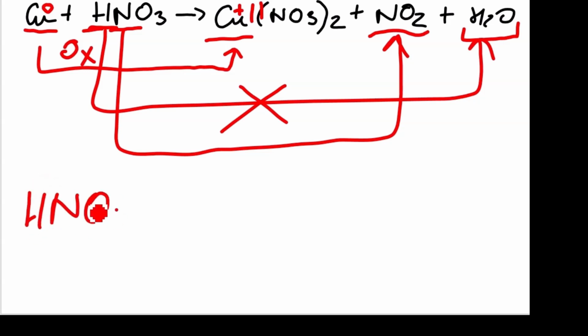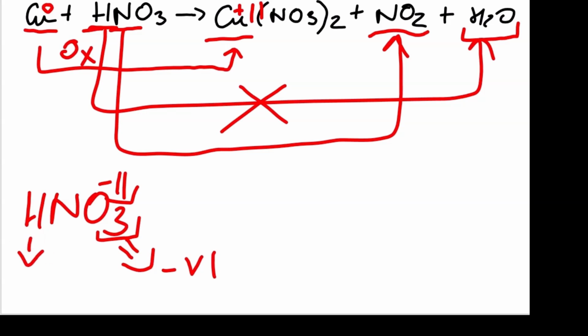Of course, the oxygen oxidation state is equal to minus 2. We have three of the same oxygen atoms, so the total oxidation state from oxygen gives us minus 6, because minus 2 times 3 gives us minus 6.